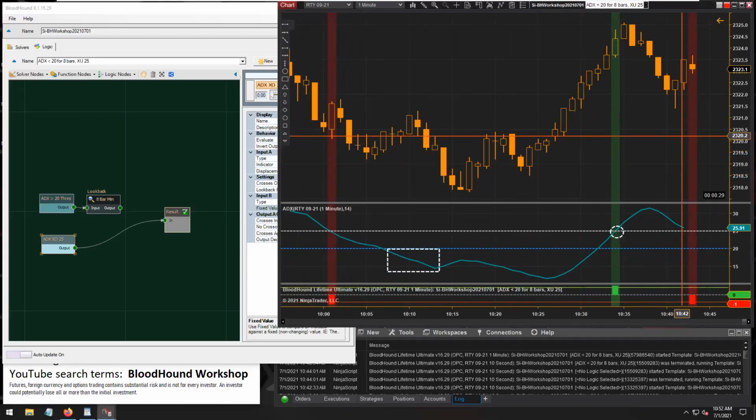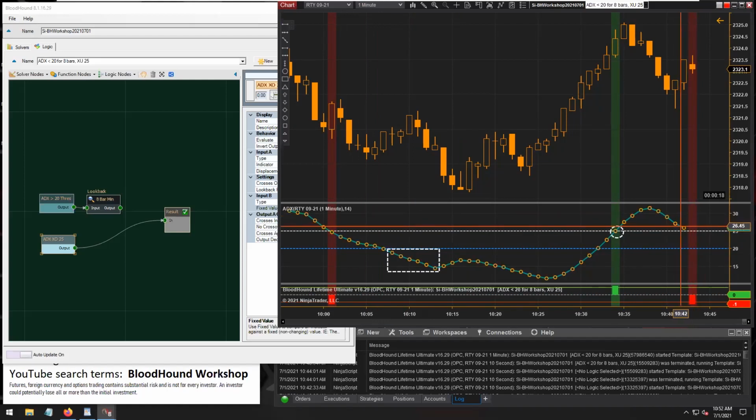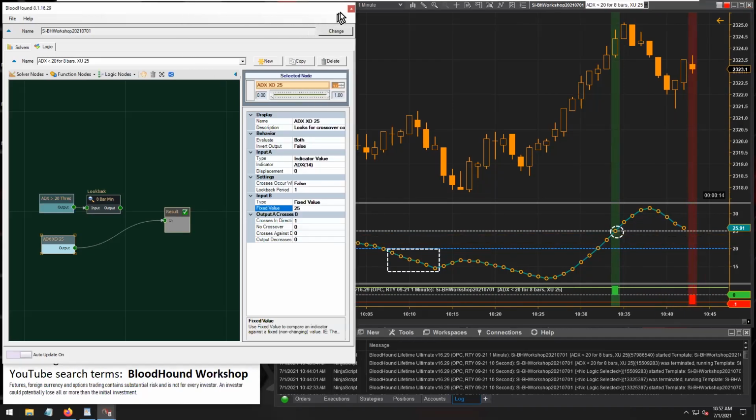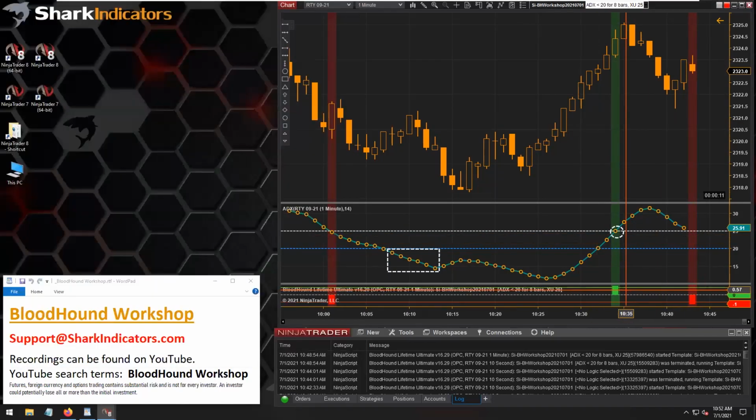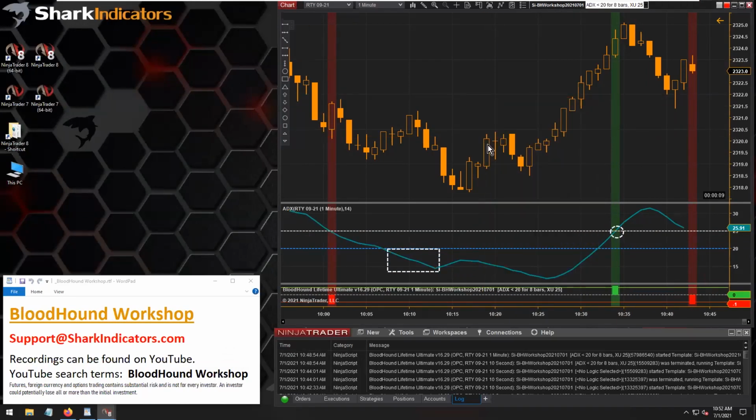So let's see here. Oh, you notice that short output there? So why do I have a short output there? If you look at the ADX, it hasn't crossed down yet, right? Well, that's because if I open up BloodHound here, let's go to indicators.